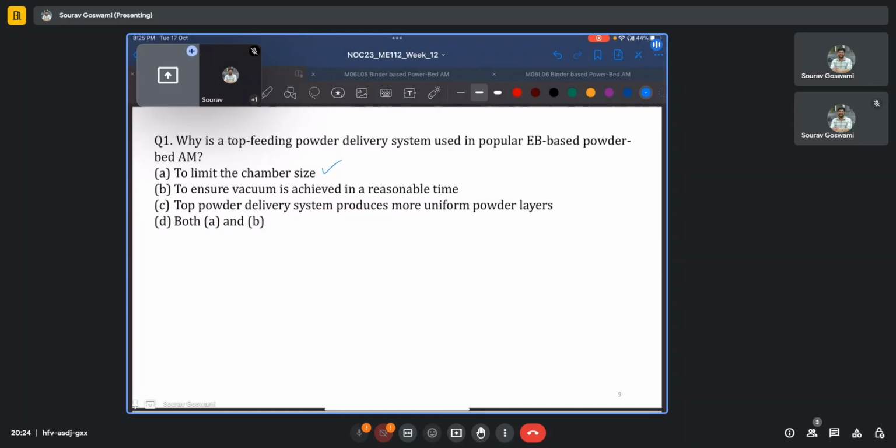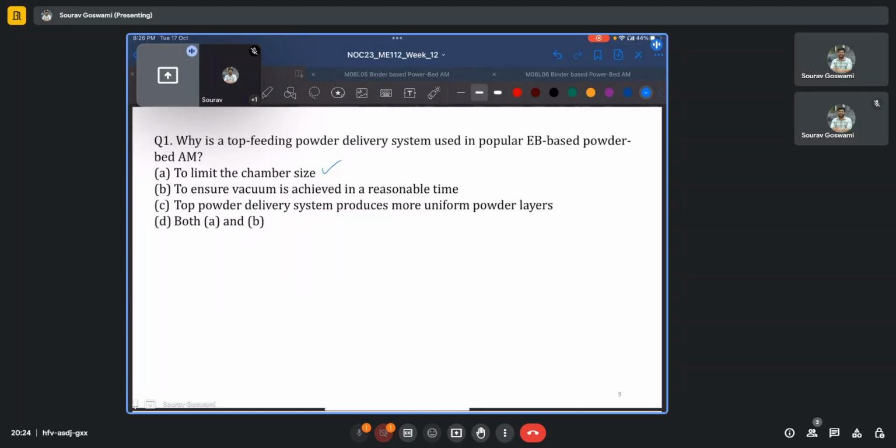Second, since the chamber size would be smaller because of the use of these top feeding powder systems, the volume of air inside would also be smaller, and thus the vacuum can be achieved in a reasonable amount of time.